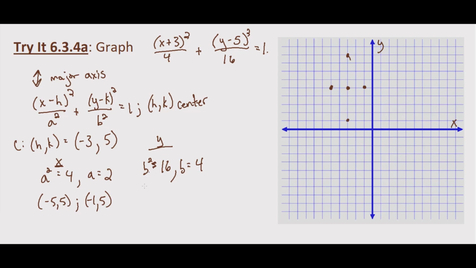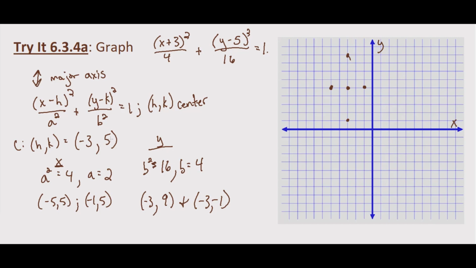So we know the major axis vertices are at negative 3, 9, and negative 3, negative 1. And again, we're just adding and subtracting b from the y value of our center.